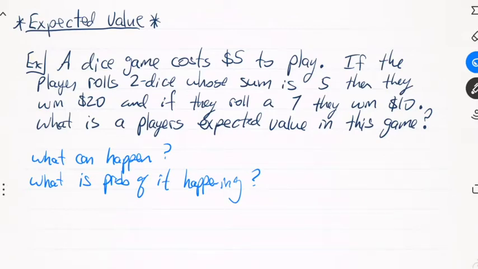So when I set up a table, what can happen is generally how much money is going to get paid out. Now, there's two different ways of doing this. I'm going to do it in both styles to show you that they end up at the same answer, and you get to determine which style you'd rather do. Both of them are very simplistic.